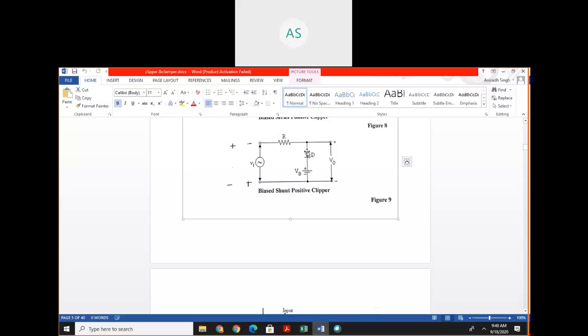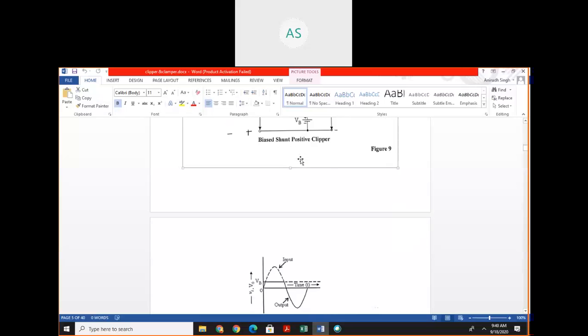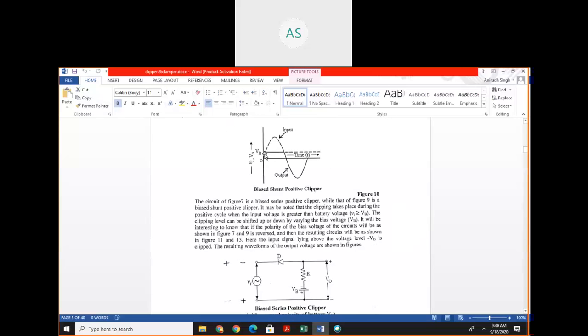Suppose that the value of input voltage is 1 volt and the value of VB is 2 volt. It means that 2 minus 1. Positive terminal of 1 volt is connected to cathode. Negative terminal is connected to anode. It means that this diode is reverse biased. Reverse bias means open circuit, and we get output follows input.